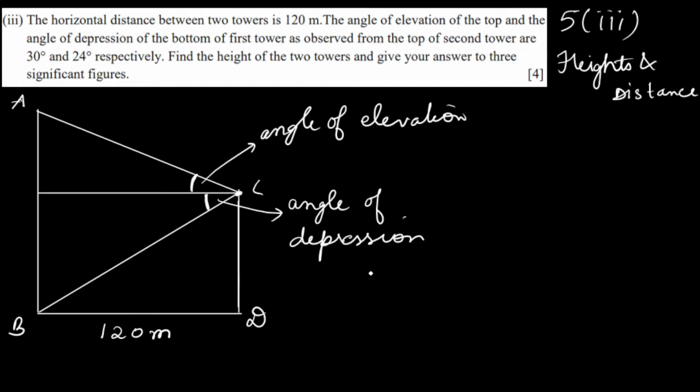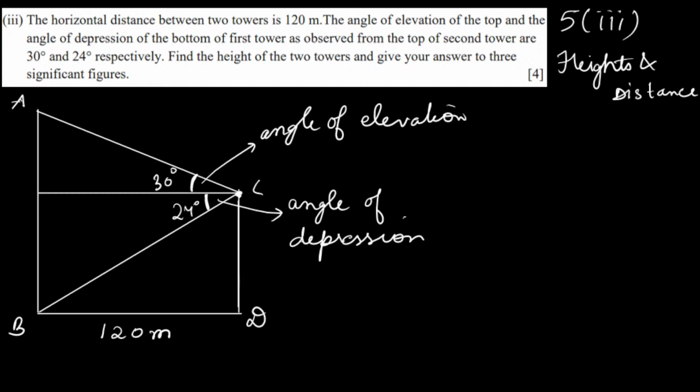It's given to us that the angle of elevation is 30 degrees, so this is 30 degrees, and the angle of depression is 24 degrees. Elevation is from the top of second to the top of first.